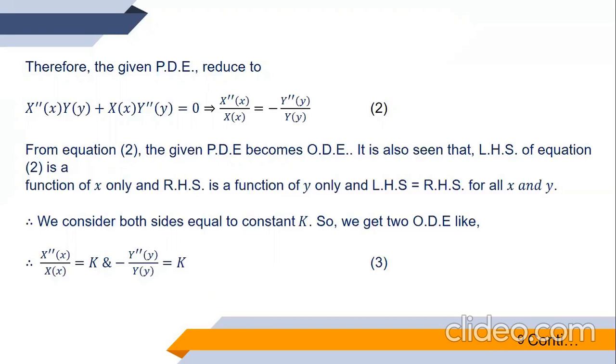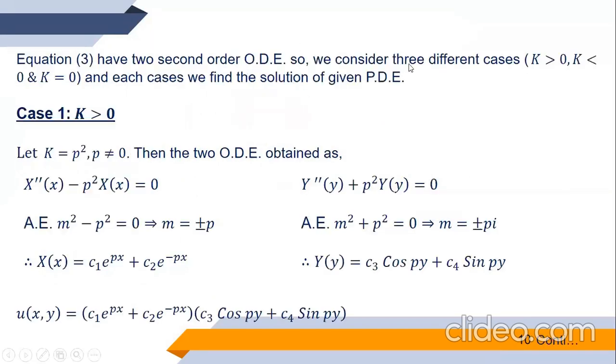So for a second order ODE, we consider three different cases: first k greater than 0, k less than 0, and k equal to 0. In each case, we find the solution of the given PDE.